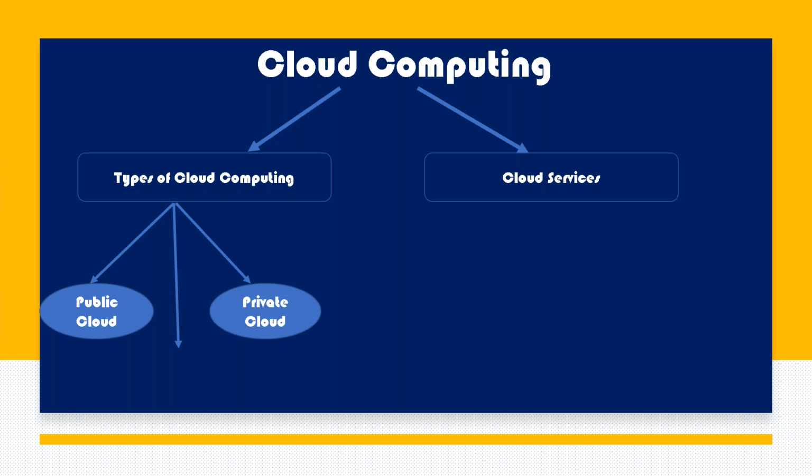Another one is the hybrid cloud, a combination of both public and private. Some of the information I keep in my private cloud, and some of the data I keep in my public cloud account.